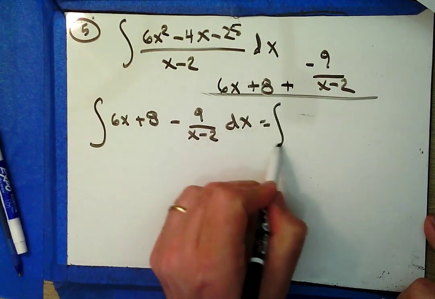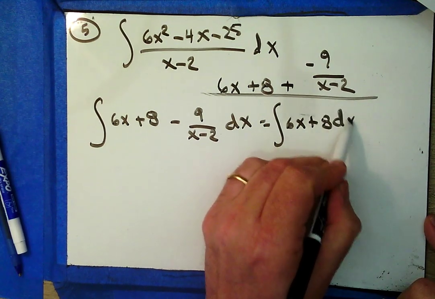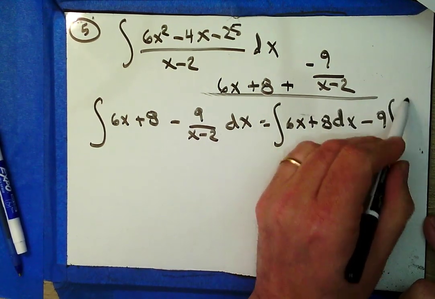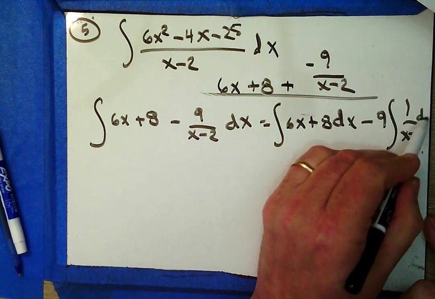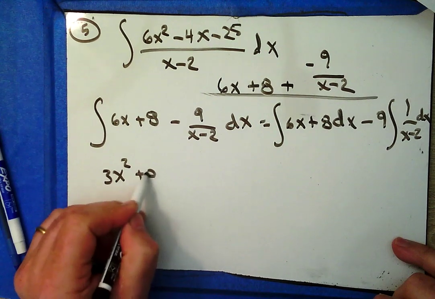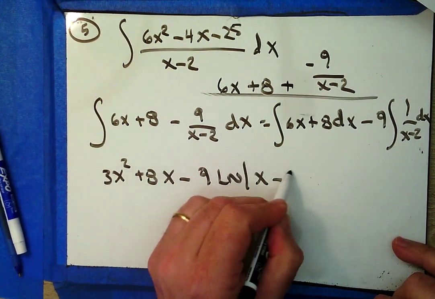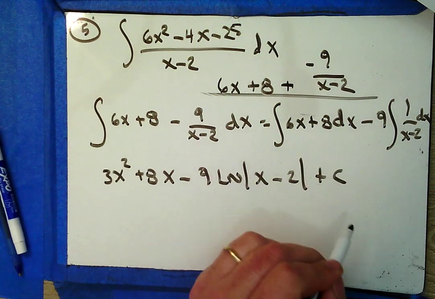You may find it helpful to separate this into the integral of 6x plus 8 dx minus 9 times the integral of 1 over x minus 2 dx, to better see that you'll have 3x squared plus 8x minus 9 ln of x minus 2 plus c.